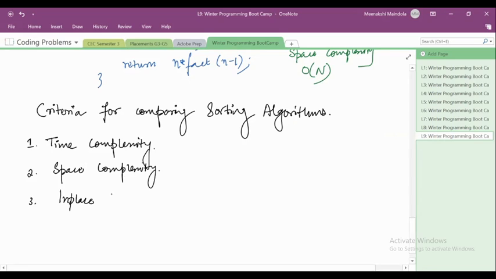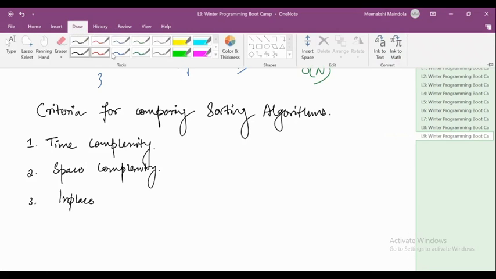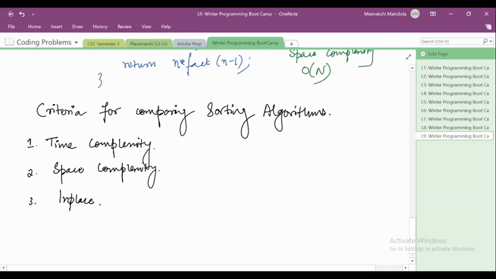Yes, correct. As a lot of you are giving answers to what in place is: in place means that any particular algorithm which does not require any extra space is going to be called an in place algorithm.